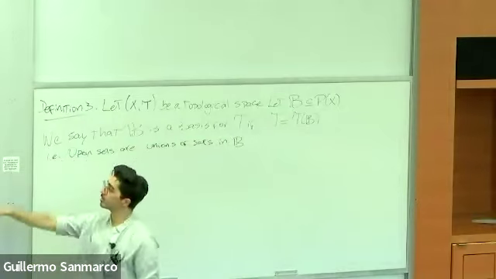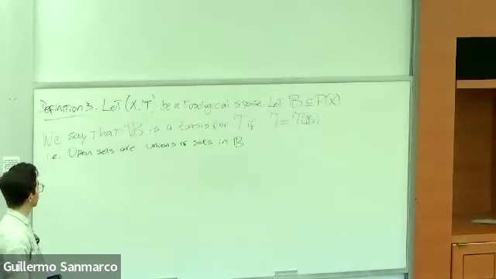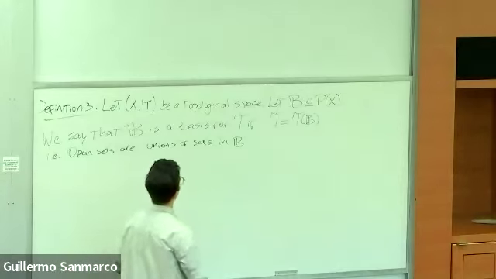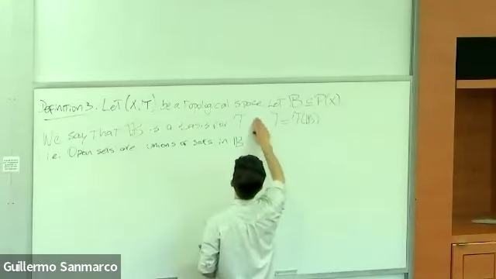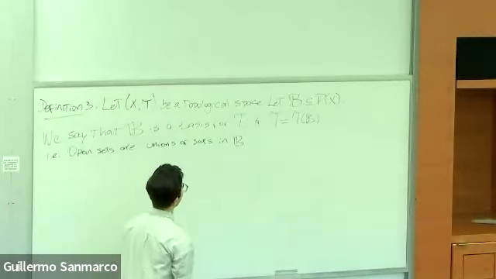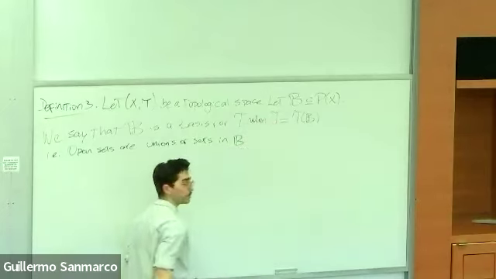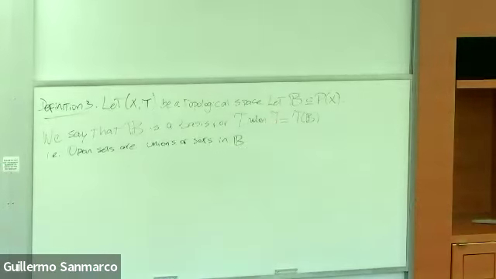So the collection of all unions that you can form using sets in this blackboard bold B, that's your topology. What is tau? Let's say T. So that's what we're saying.